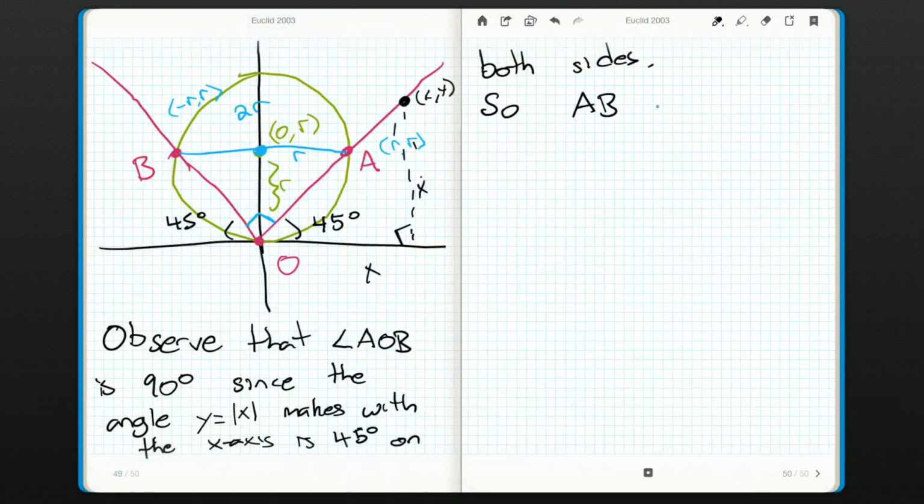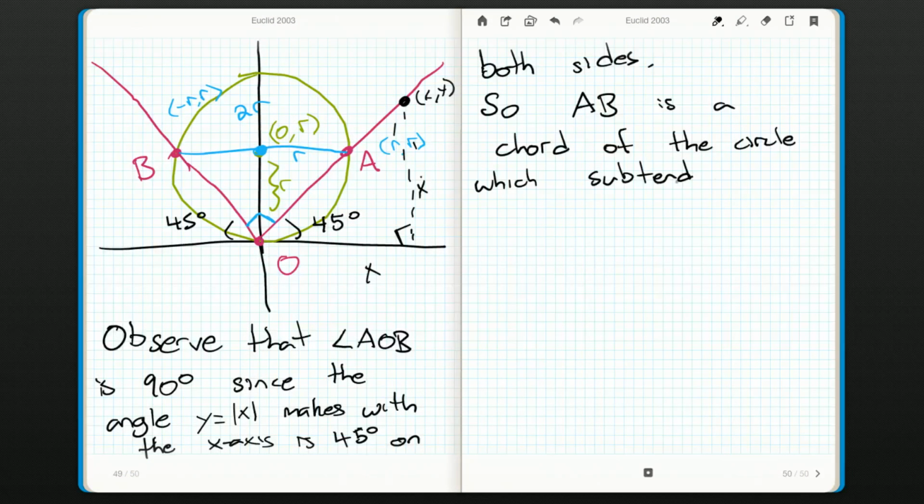So AB is a chord of the circle which is subtended by a 90 degree angle.